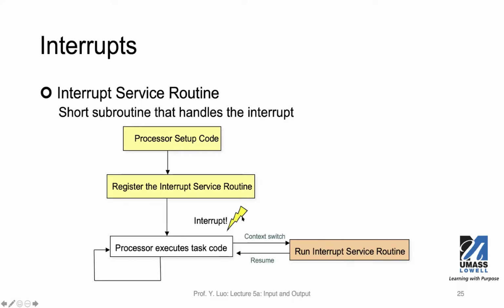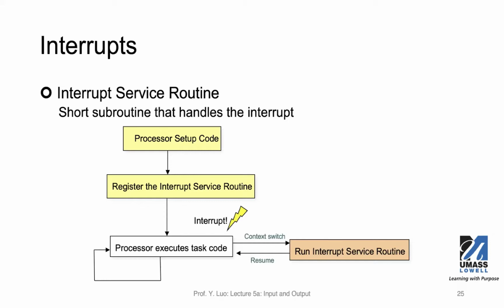This lightning strike is an indication of an external event that the processor has to respond to. It may be, say, from the UART, that a new byte is ready for you to read, or this could be a warning signal from your temperature sensor, or some other device which senses the temperature and sees a warning sign.